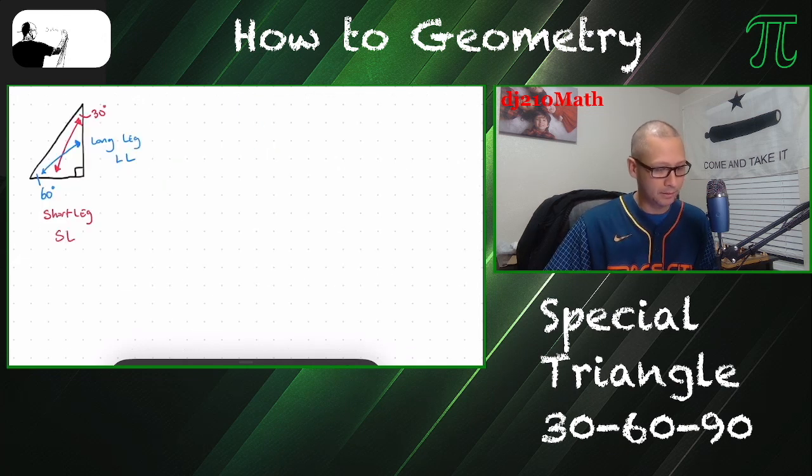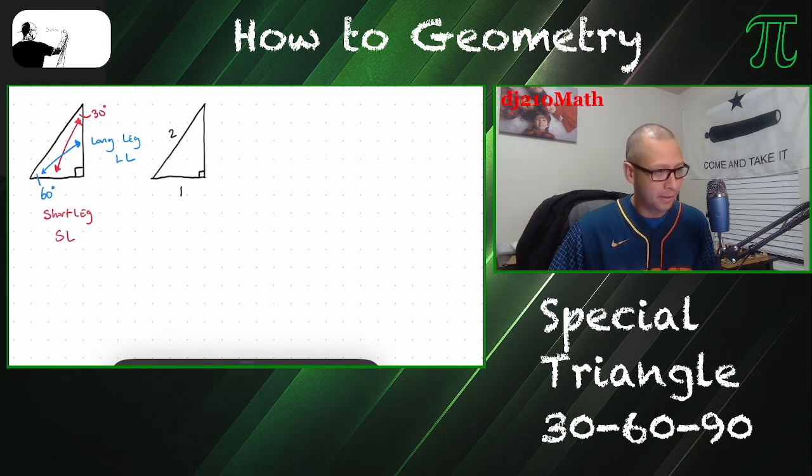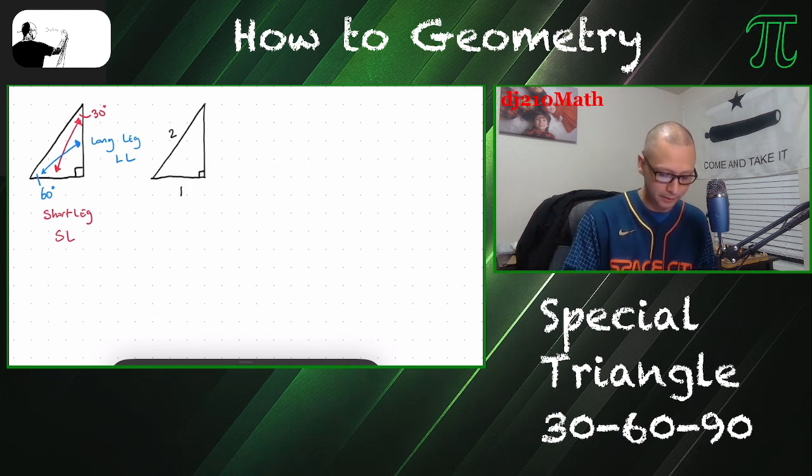All right, so let's look at some standard leg lengths and see if we can recognize any patterns that may emerge. In this case, we're given the short leg and the hypotenuse, and let's figure out what the long leg is by using the Pythagorean theorem. Recall that a squared plus b squared is equal to c squared.